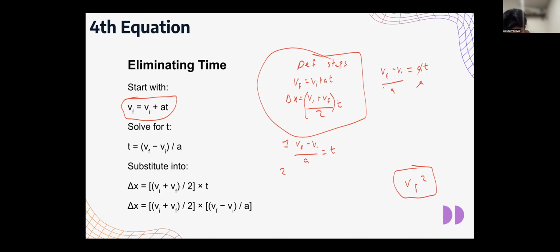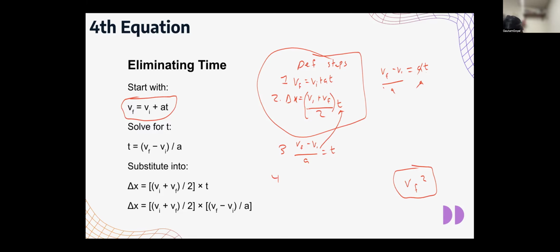Now, since we have this, oh, you want me to label that step 3? Okay, sorry. I'll label it step 3, and then I'll label the first two 1 and 2. Now we're going to input equation 3 into equation 2. So we're going to take this t and put it here, correct? Does that make sense? We've been doing this quite a lot.